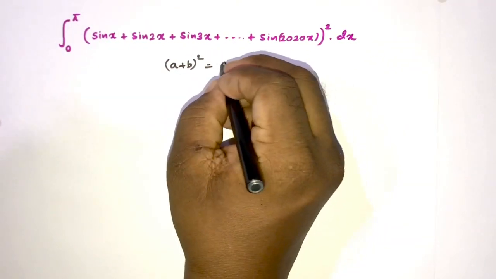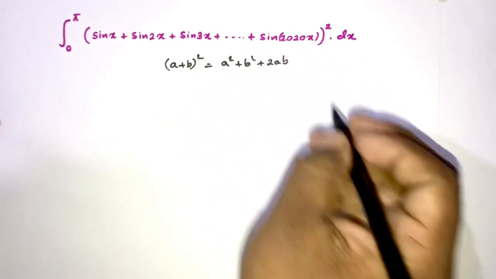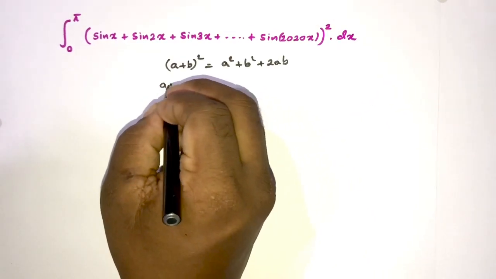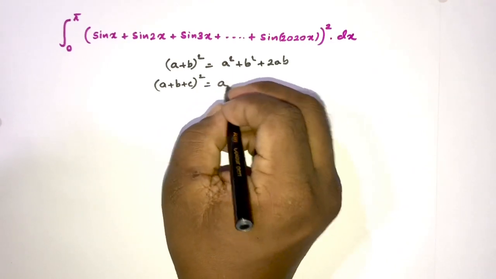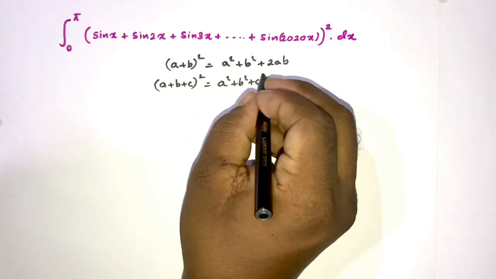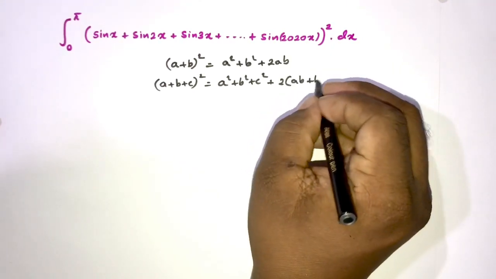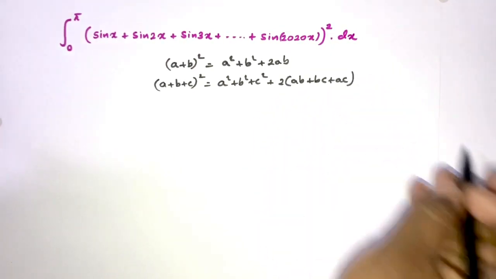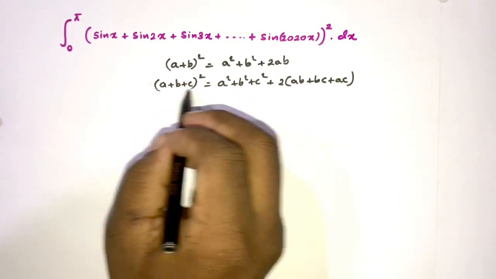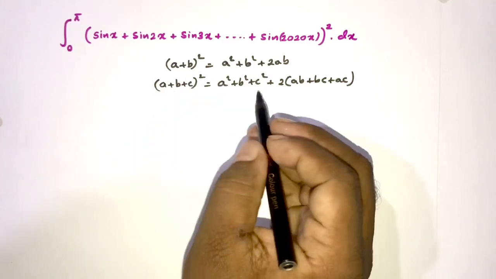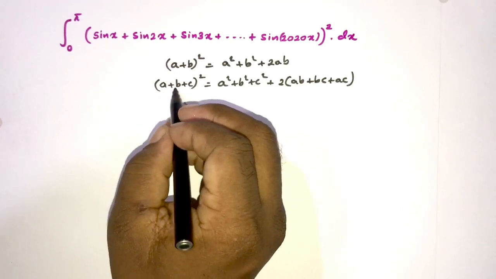We know this is equal to a squared plus b squared plus 2ab, and also if we take three terms, (a plus b plus c) squared, we know we have a squared plus b squared plus c squared plus 2 times (ab plus bc plus ac). So we have the sum of squares of these terms plus 2 times the sum of products of two terms.